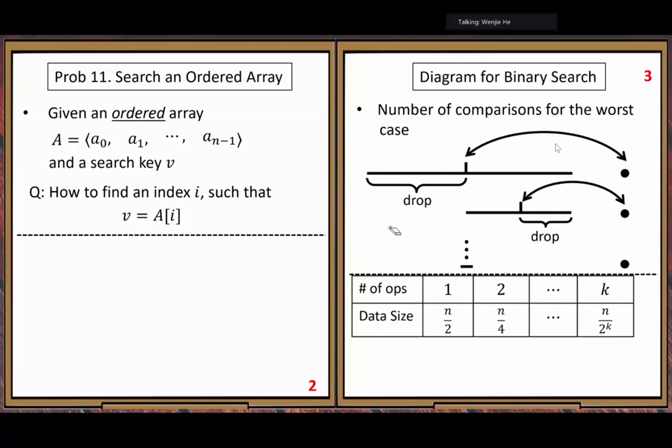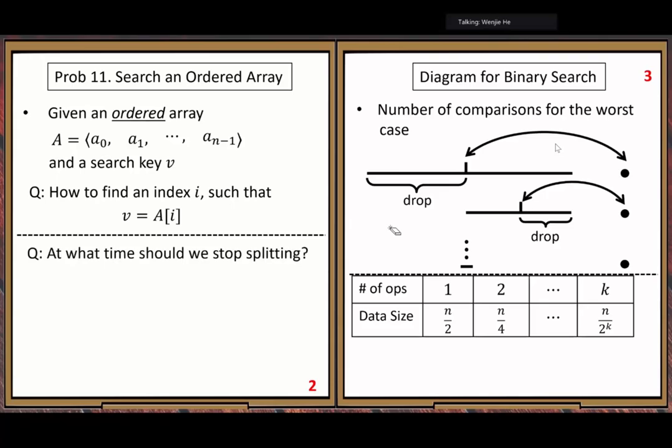With this formula, now we want to study the termination point. For what k? Here, we use this k parameter to control the number of comparisons we need for the worst case. So the question: can we estimate this k that corresponds to the worst case? That's our current objective.